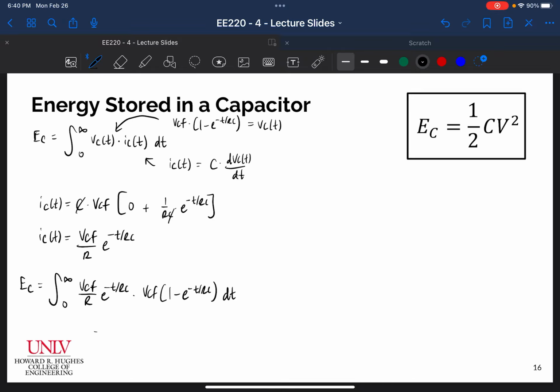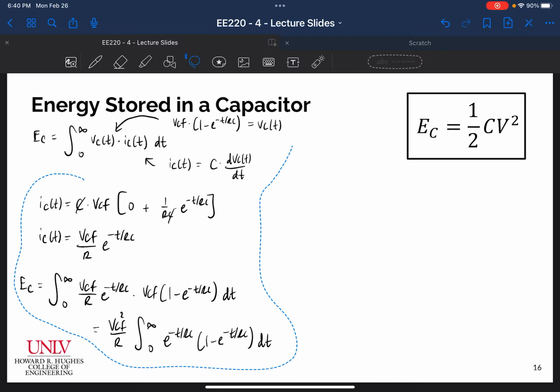And I can real easily just pull a VCF squared over R right out of there. And I'm left with e to the minus t over RC times 1 minus e to the minus t over RC dt.